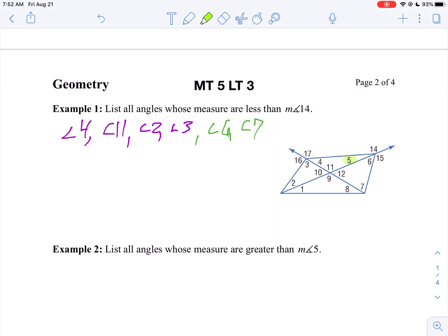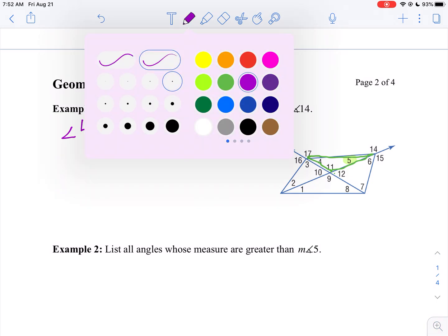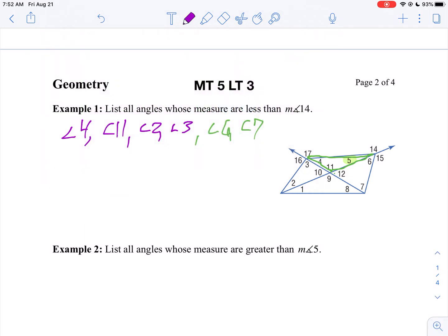Well, if I trace my triangle that makes angle 5, I know 4 plus 5, I'm sorry, is going to be an exterior angle, angle 10. So I know angle 10 is bigger than angle 5.